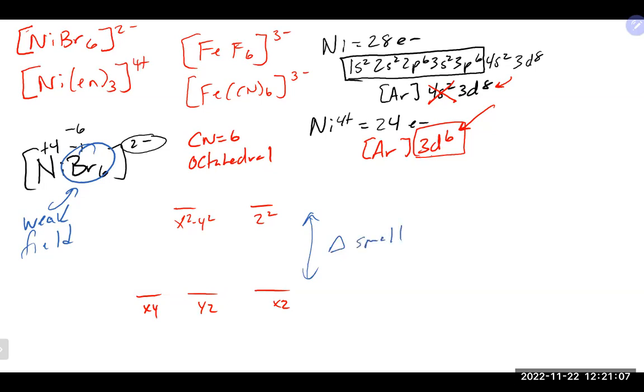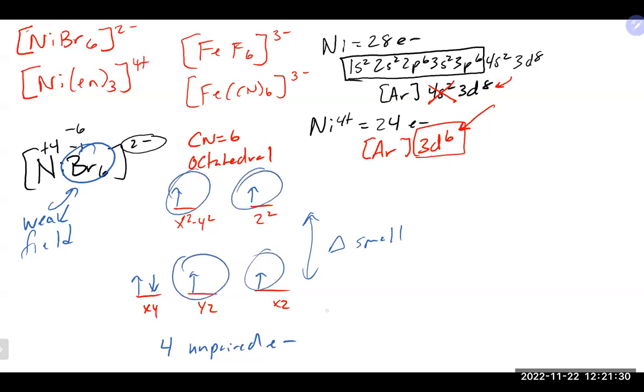So we're going to distribute our 6 electrons like this: 1, 2, 3, 4, 5, and 6 in this case. This would give us a total of 4 unpaired electrons. This would also be considered a high spin complex because we have a lot of unpaired electrons. Any questions on that there?